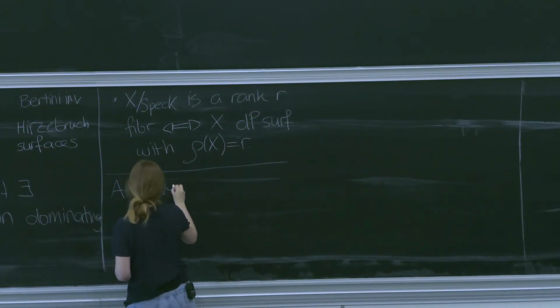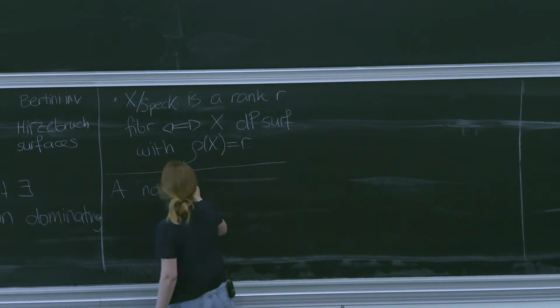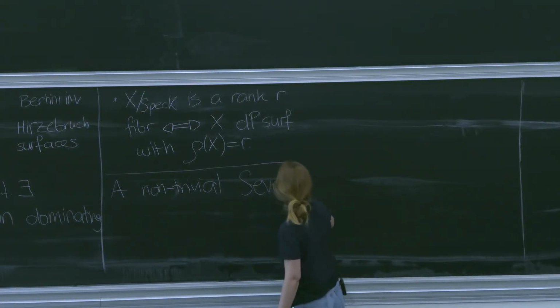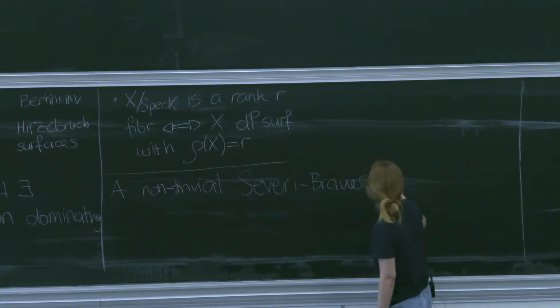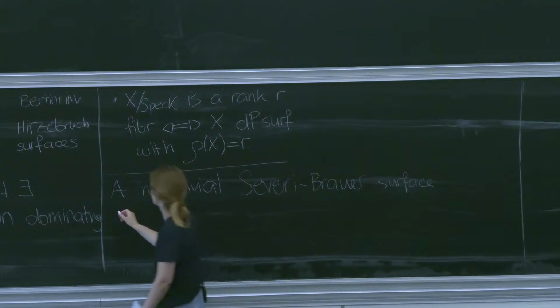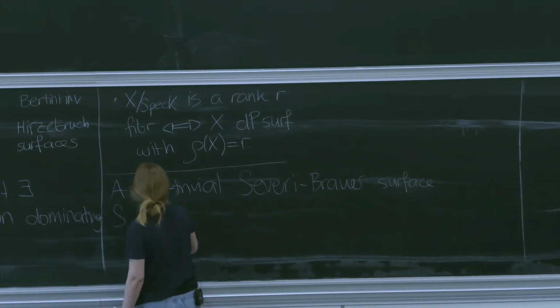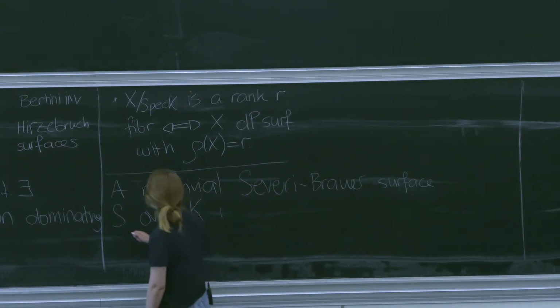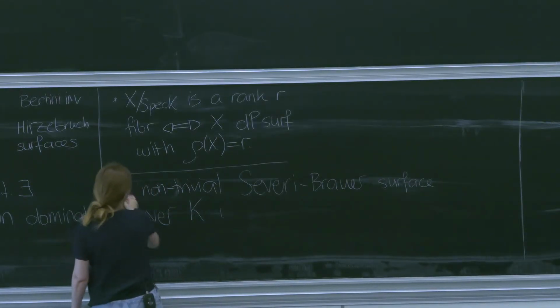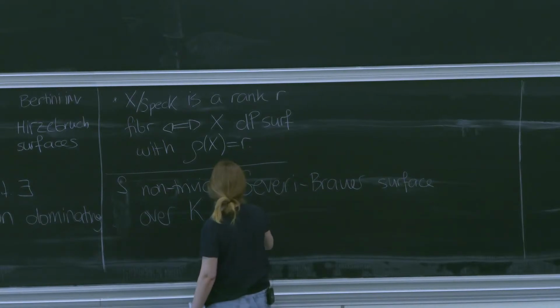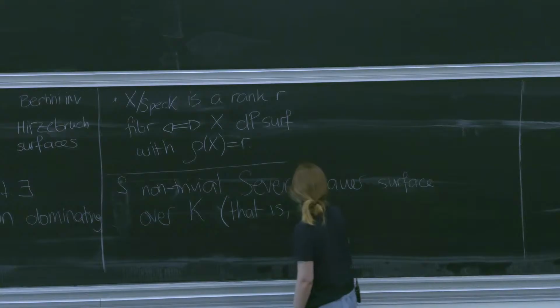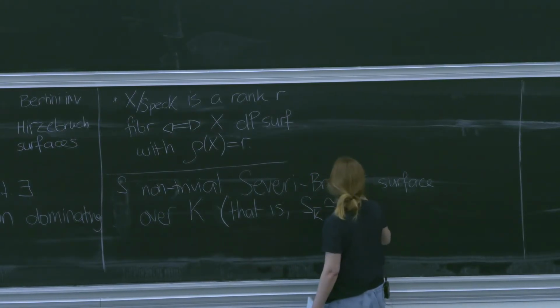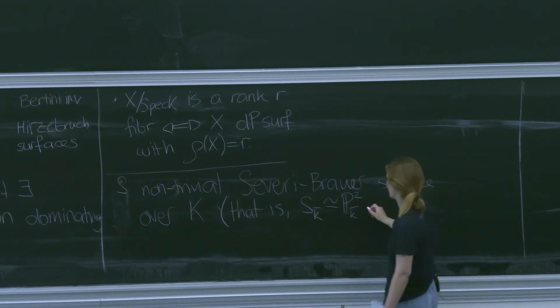A Severi-Brauer surface, let's say a non-trivial surface S over some field K. Let's say S is a non-trivial Severi-Brauer surface over K, which means that S base-changed to the algebraic closure is isomorphic to P2 over the algebraic closure, but with no rational points.